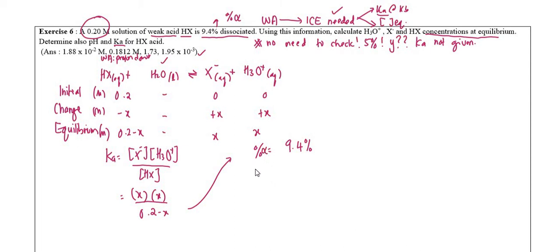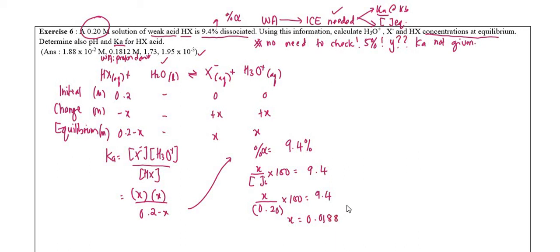Then you put in the formula, which is X over initial concentration multiplied by 100 equals 9.4. So X is what you want to find. Initial concentration for this is 0.20, multiplied by 100 equals 9.4. So when you settle X, you will get 0.0188.